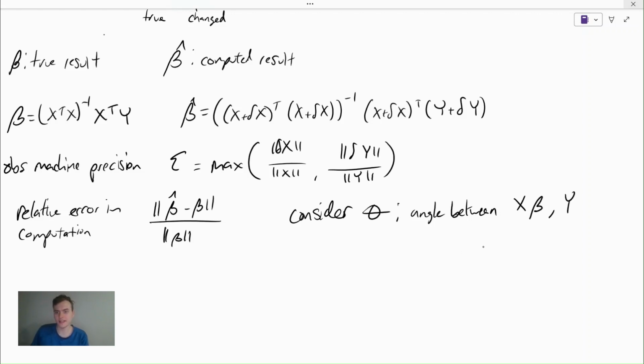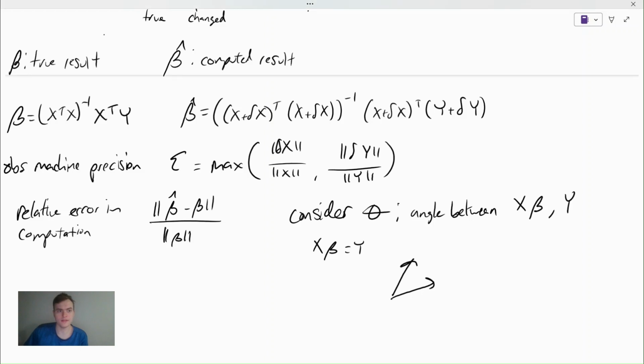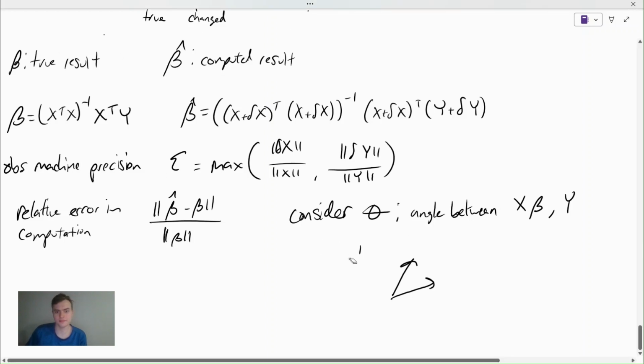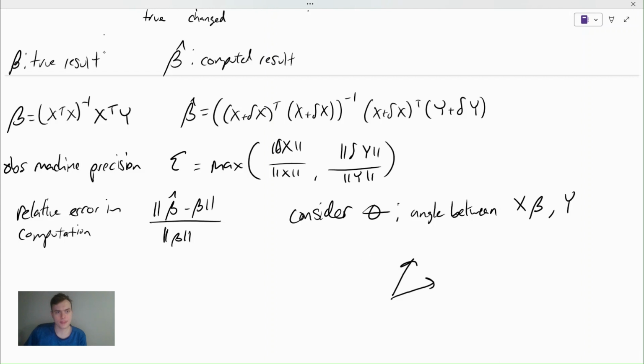So as we said, when we have beta from this normal equation, that means we're getting the beta from x beta equals y. And if we look at these two lines, y, x beta, and the angle between them, then that's the theta we're talking about.